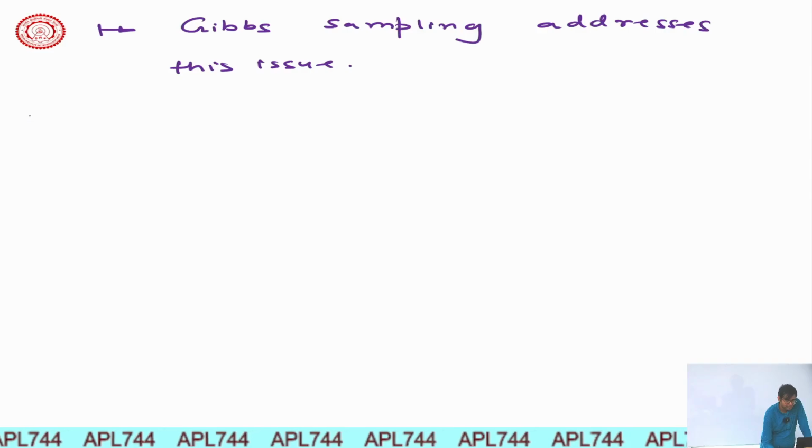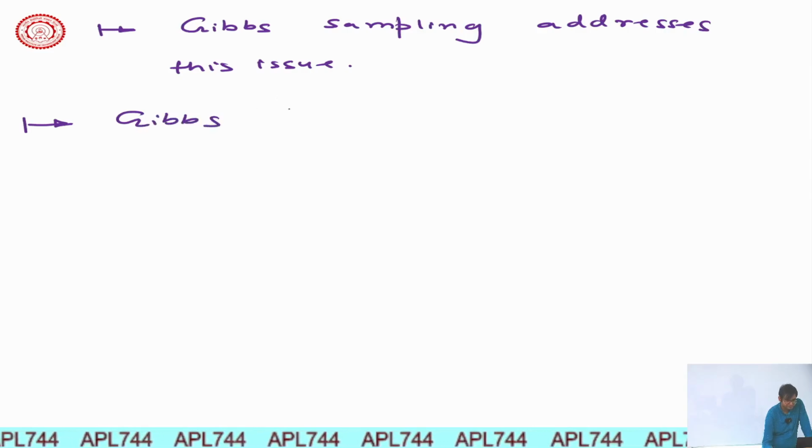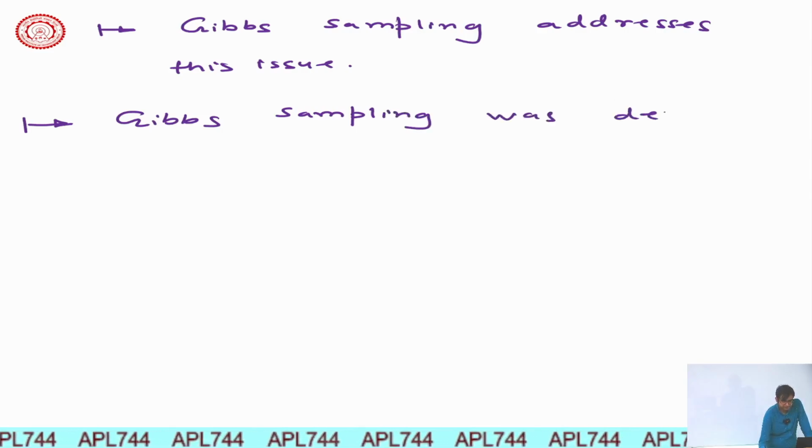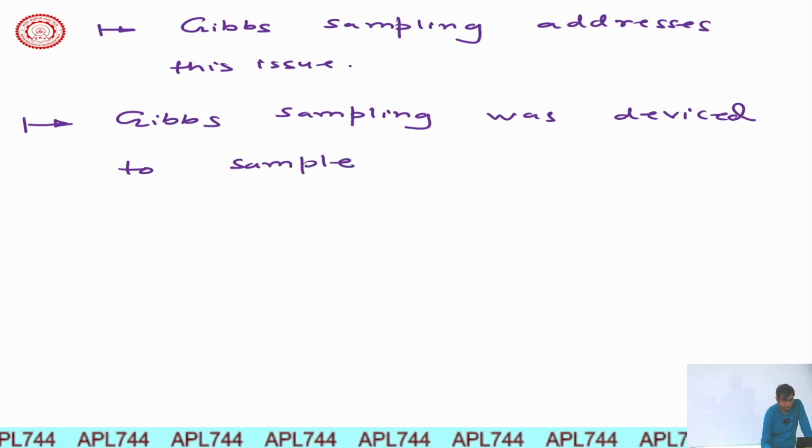Okay. So just to give you a high level idea of Gibbs sampling to start with, Gibbs sampling was devised to sample from high dimensional distribution.